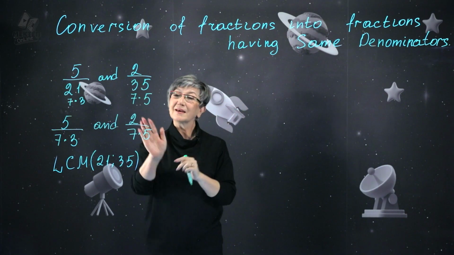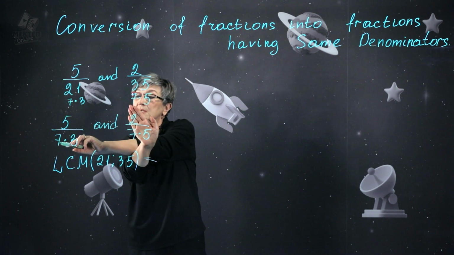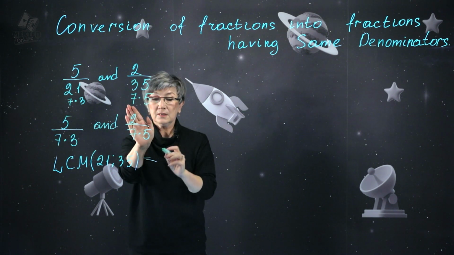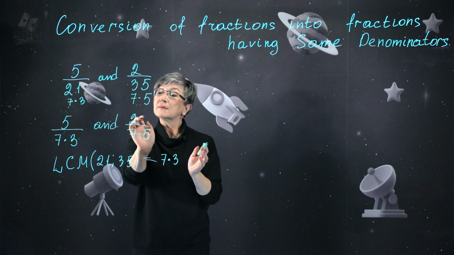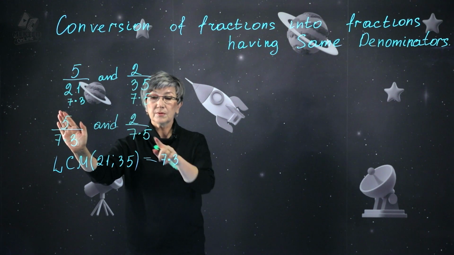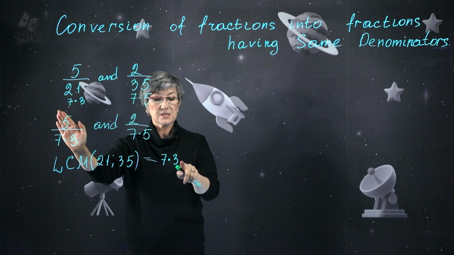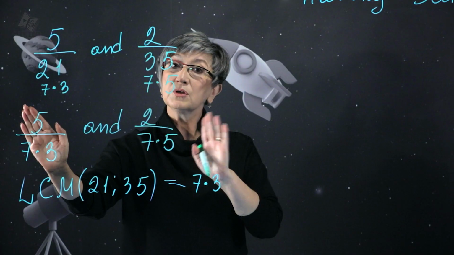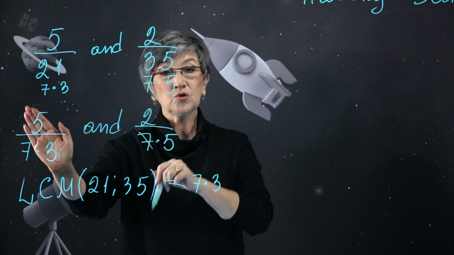Attention, I'm looking at one fraction and writing its denominator: 7 times 3. Now I look at the other fraction's denominator. This is 7 multiplied by 5. I have to jot down 7 times 5, but I am not going to write the 7 because I already have a 7 written.